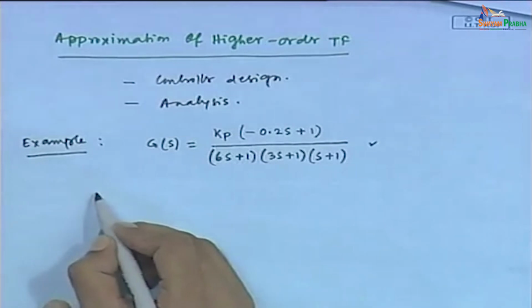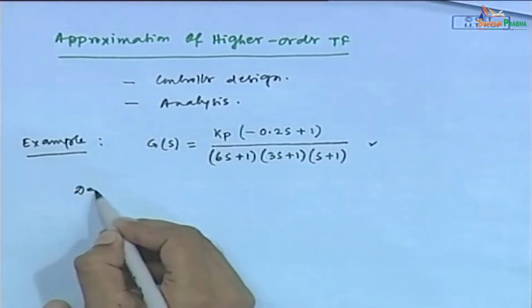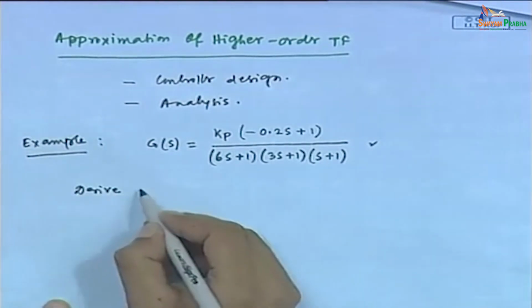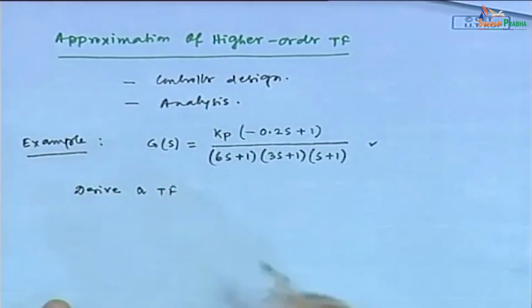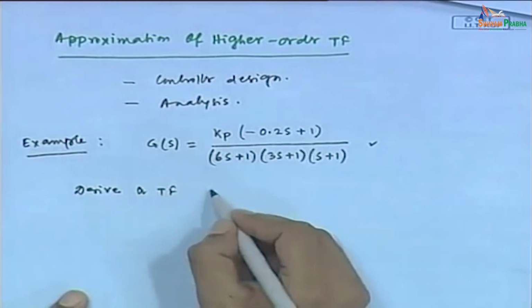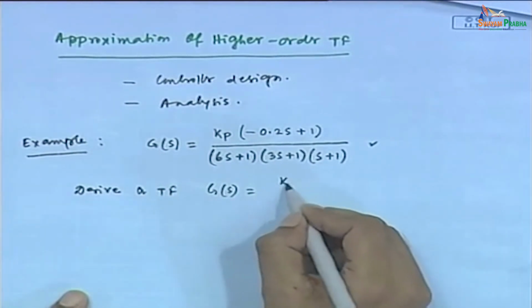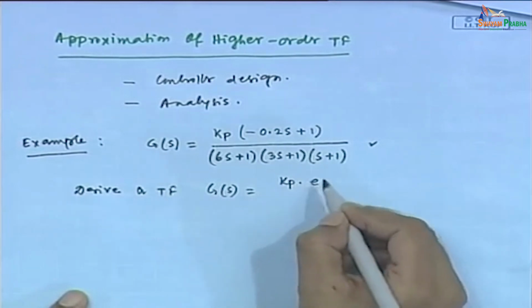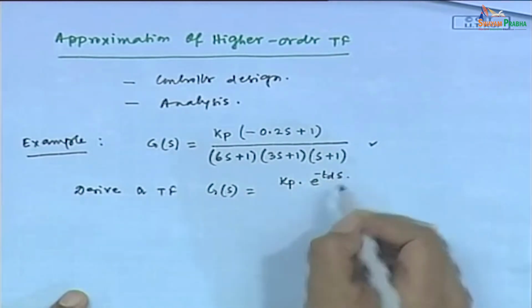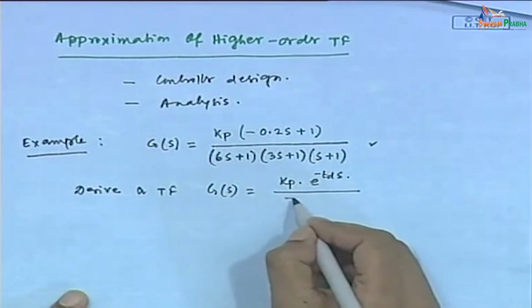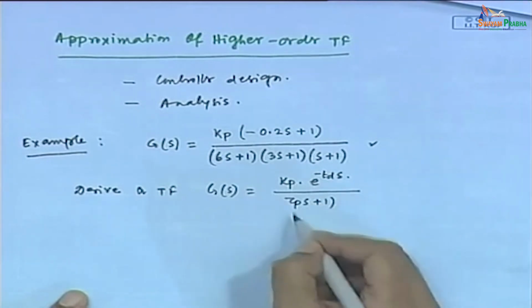So, we wish to transform this transfer function in the form of G(s) equals Kp exponential of minus Tds divided by tau P s plus 1.